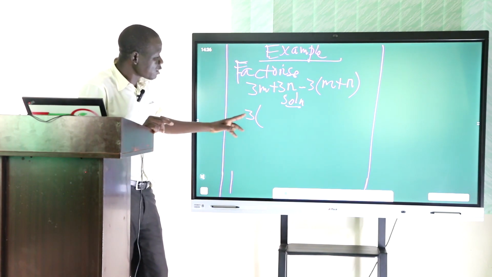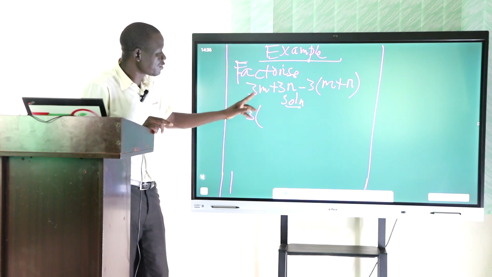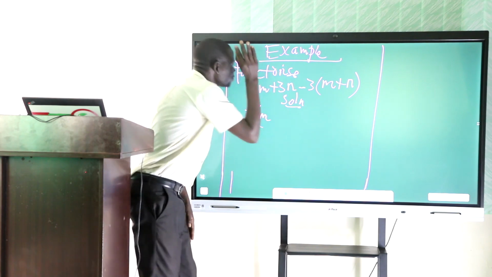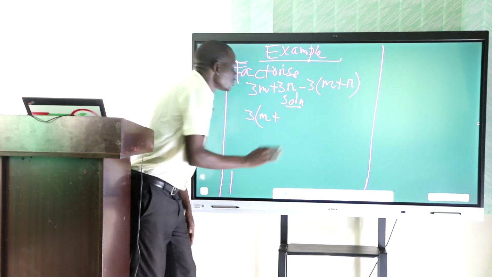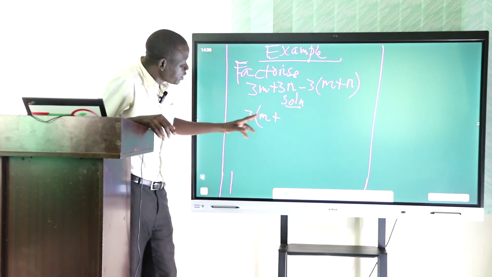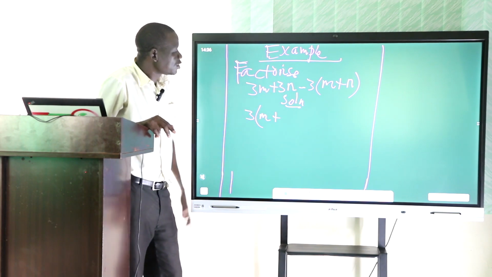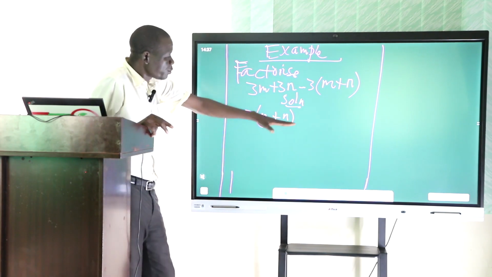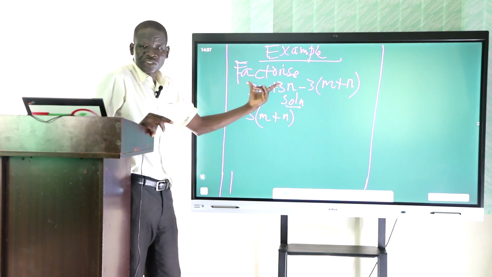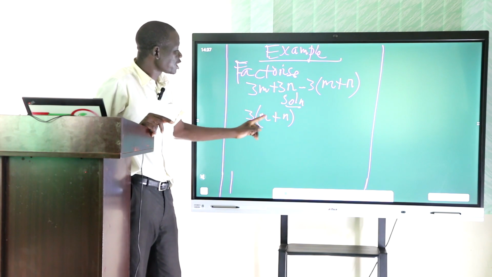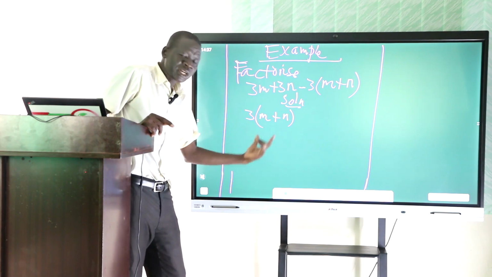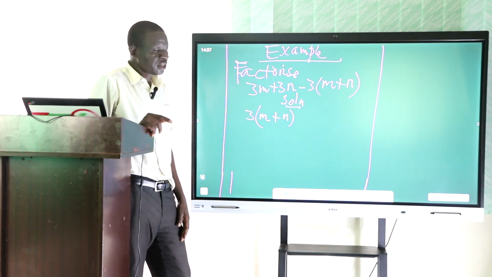Now, which term can I multiply by 3 to give us a 3m? You can say that the term is m plus. Which term can I multiply 3 with to give us a 3n? You can say that it is n. Such that when I open the brackets, I go back to the original statement. Because 3 times m, you get 3m, and 3 times n, you get 3n. By so doing, I've factorized such an expression.